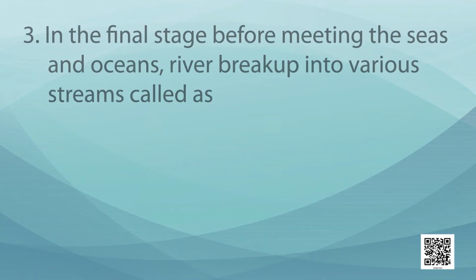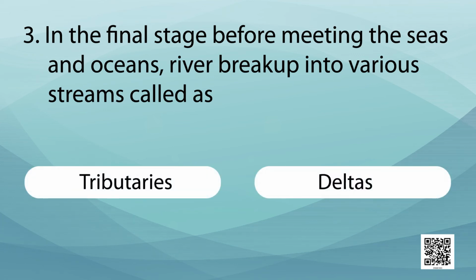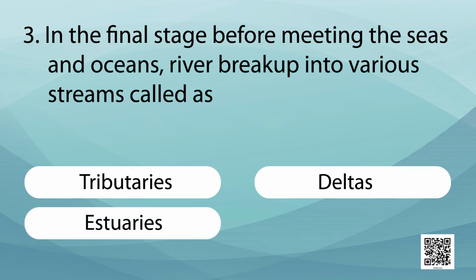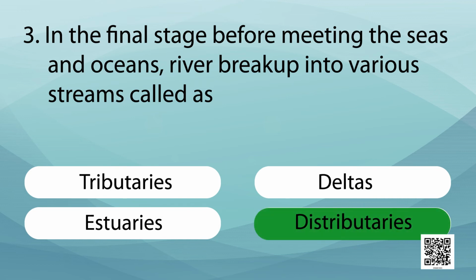In the final stage, before meeting the seas and oceans, rivers break into various streams, and they are called tributaries, deltas, estuaries or distributaries. Correct answer, they are called distributaries.